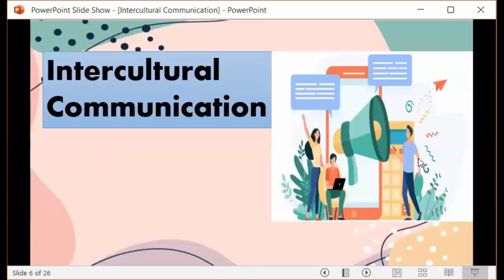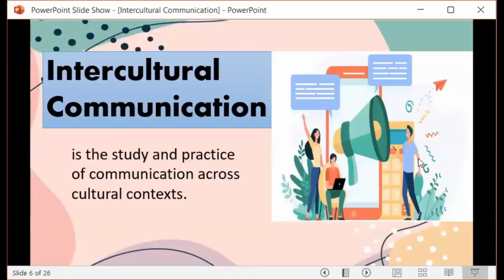Intercultural communication is the study and practice of communication across cultural contexts. This means that intercultural communication is the mechanism whereby people of different groups perceive and try to make sense of one another.